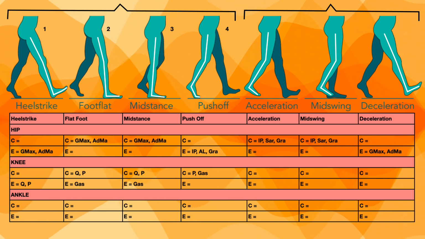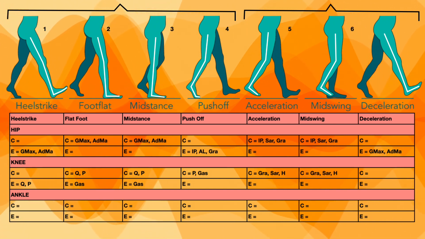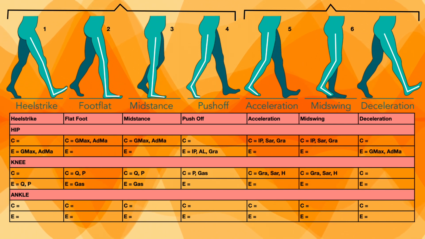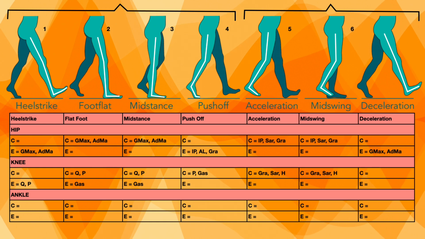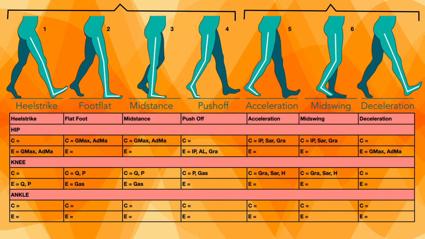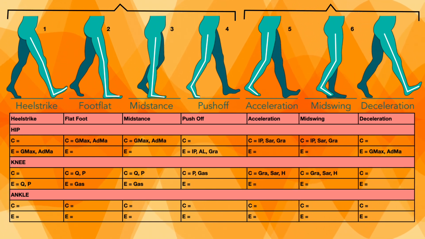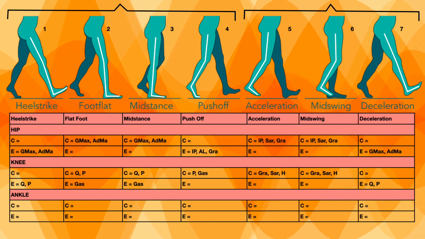So in the acceleration phase, there will be a concentric contraction of the hamstrings, gracilis and sartorius, and further we will move with the momentum in the mid swing, and the same muscles will be working: gracilis, sartorius and the hamstrings. And in the deceleration phase, we will start preparing for the next heel strike stance phase, and in this phase our muscles, quadriceps and the popliteus, just like heel strike, will be in an eccentric state of contraction. Now let's come to the ankle.